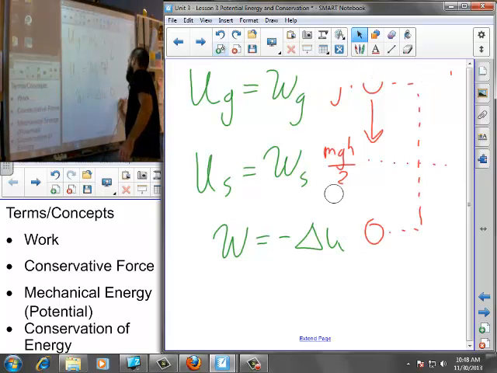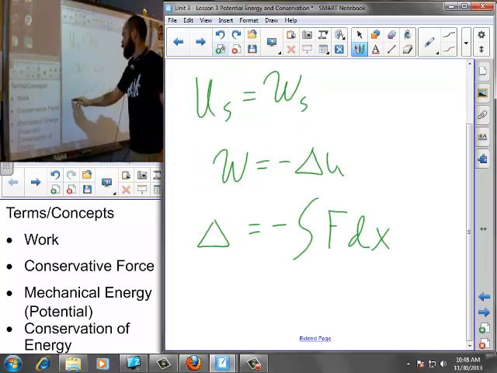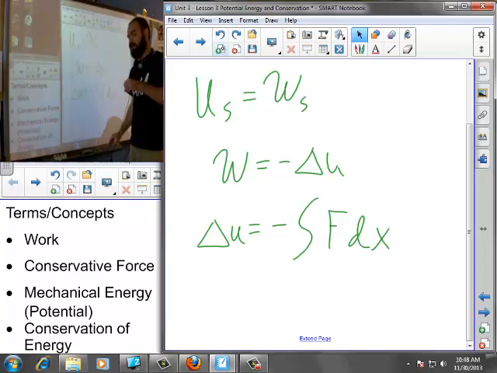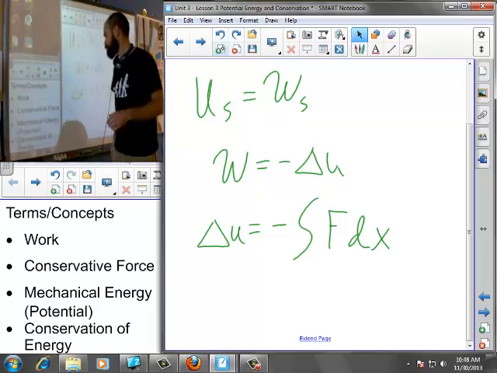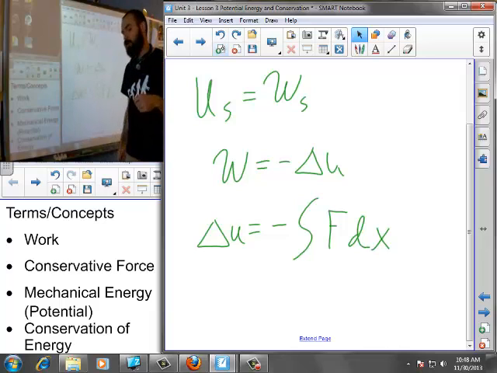Well, if work is equal to the negative change in potential energy, the change in potential is therefore equal to the negative integral of force with respect to displacement, because work is the integral of force with respect to displacement. So our change in potential would therefore be equal to the negative integral of force with respect to displacement, x.